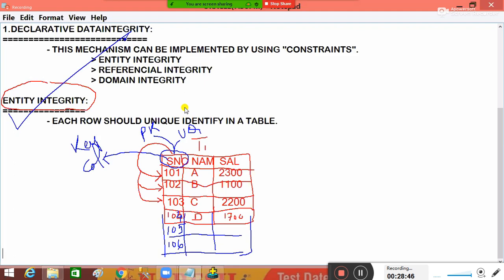Okay, now this entity mechanism can be implemented using which constraint keys?